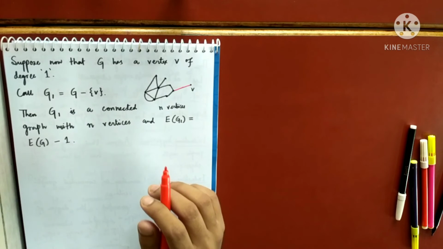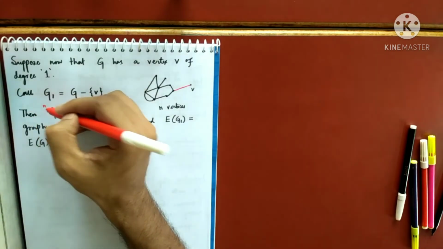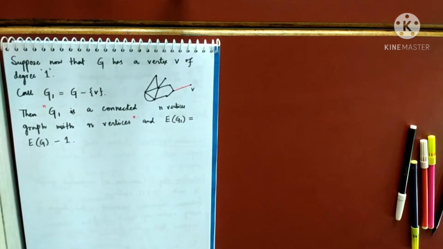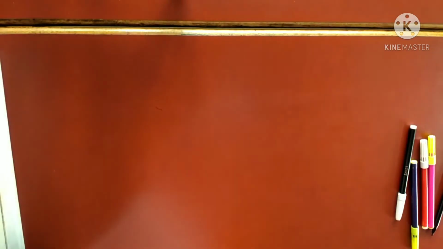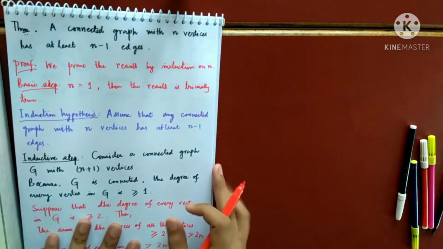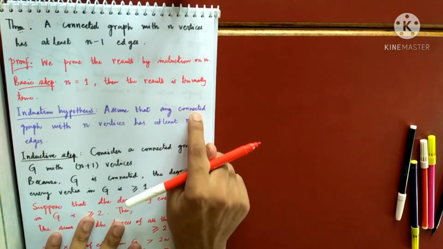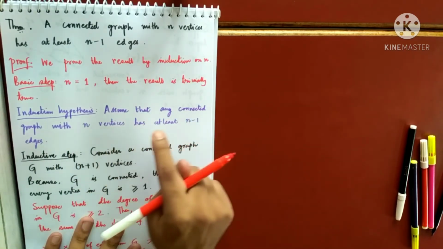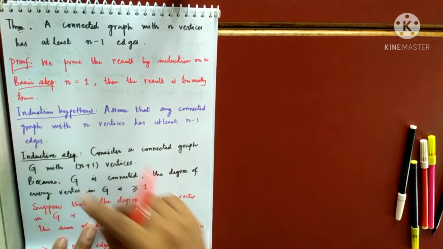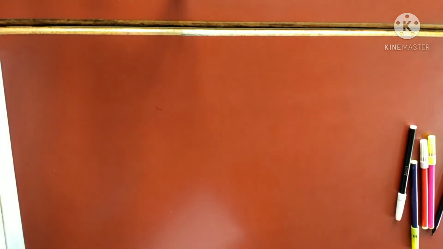Now, just look at this sentence from here to here. G1 is a connected graph with n vertices. So this we call the induction hypothesis. You see, what is the induction hypothesis? I have assumed that any connected graph with n vertices has at least n minus 1 edges.